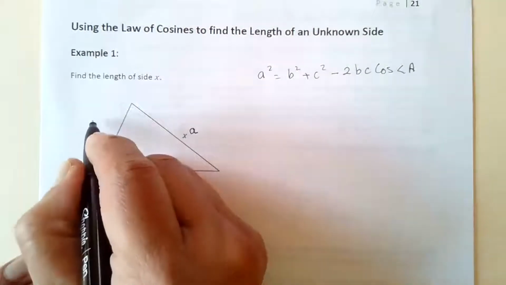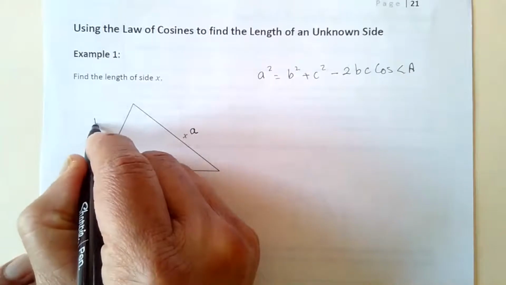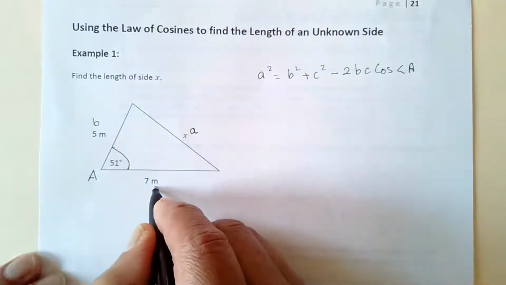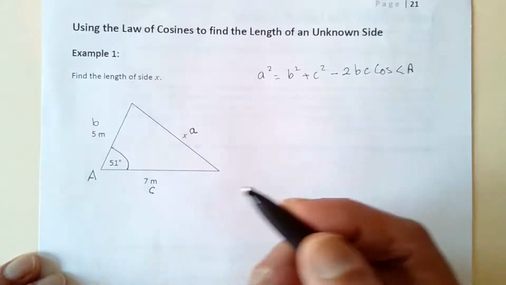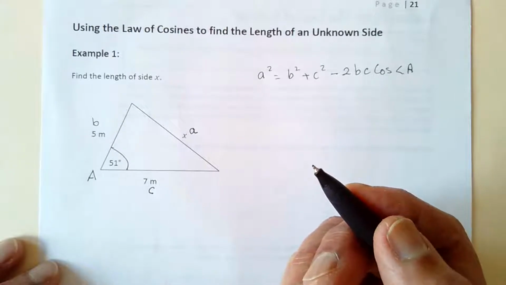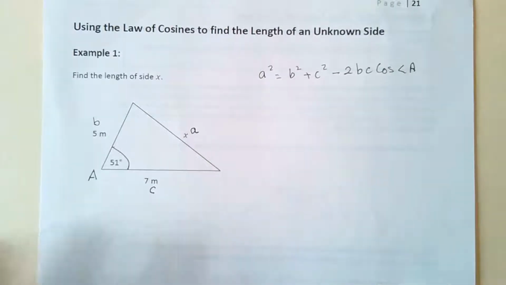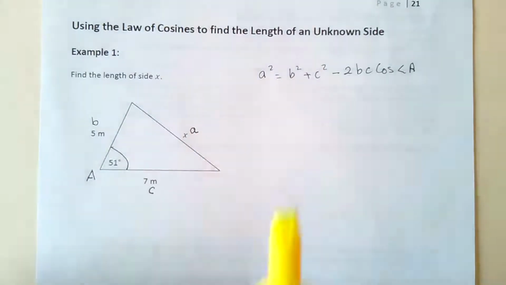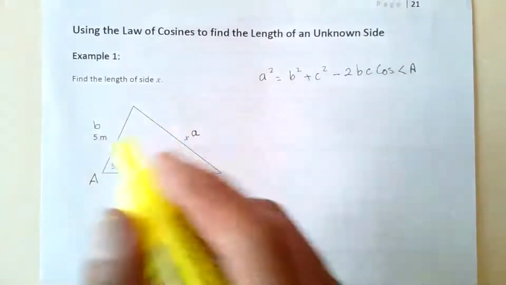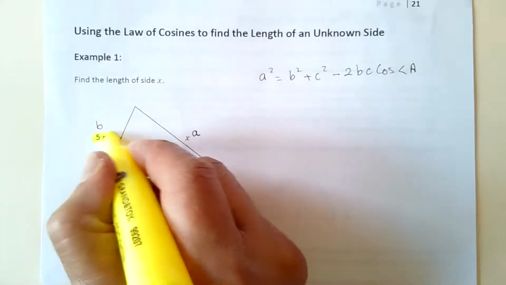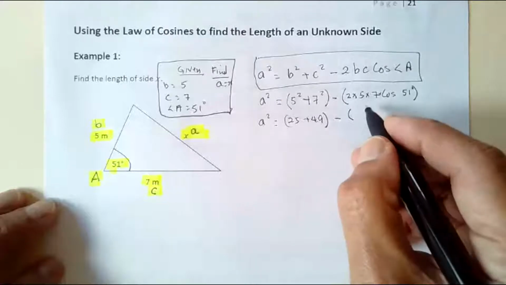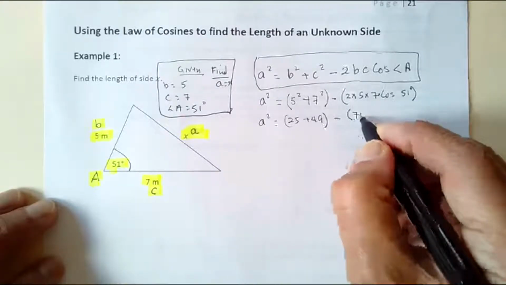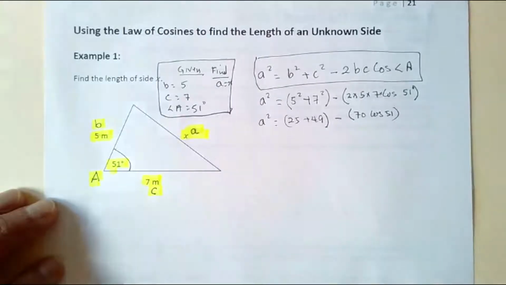But in our case, I'll label this side B and this side C. Because we need these two sides, because they're in these two sides, 70, so 70 cos 51.